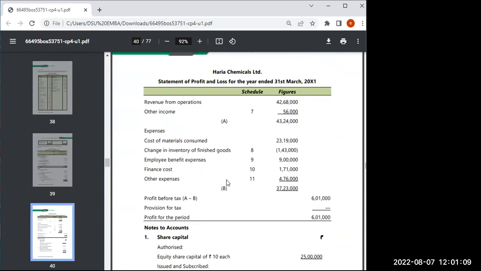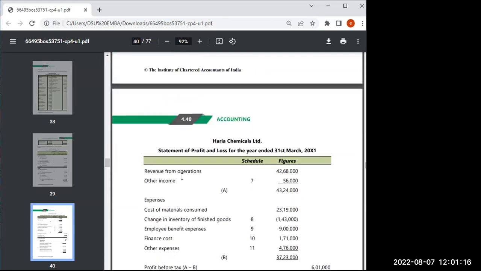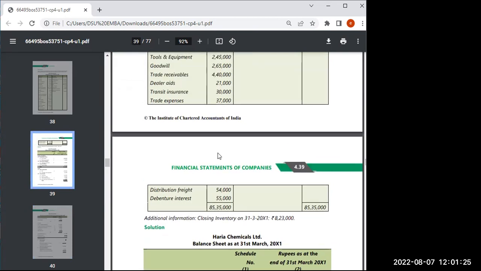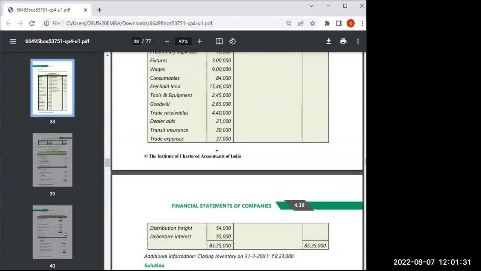What is the next item? Other expenses. Other expenses means all expenses apart from these 6 expenses. Look at the trial balance. Distribution freight is there. Trade expense is there. Transit insurance is there. Dealer's aid, what is dealer's aid? We don't know. We have to ask. Is it an expense?